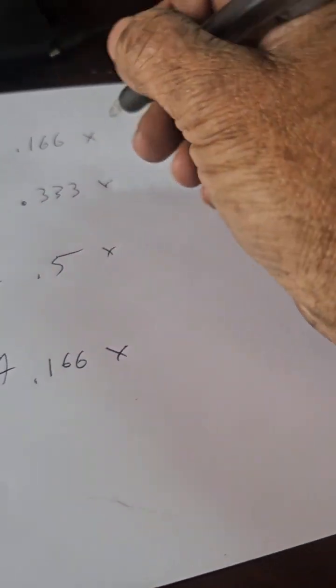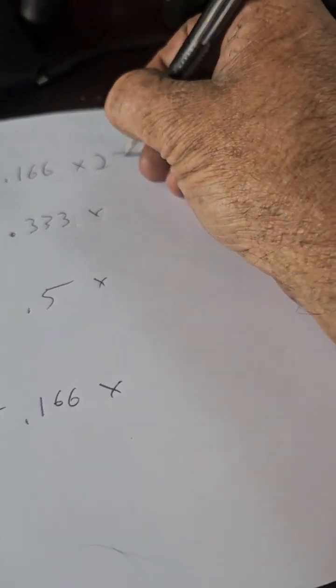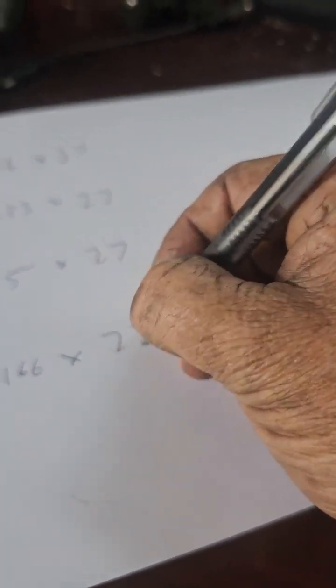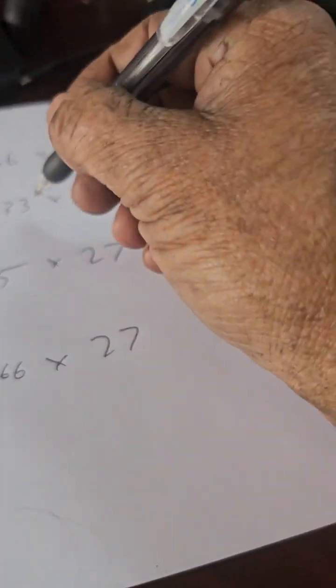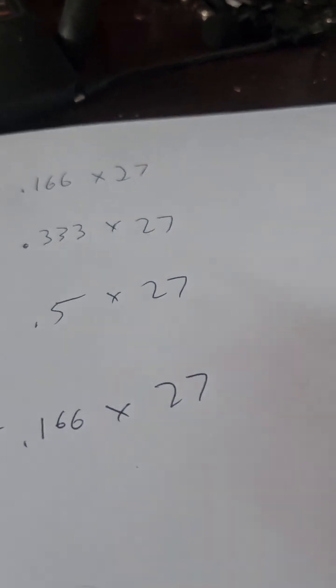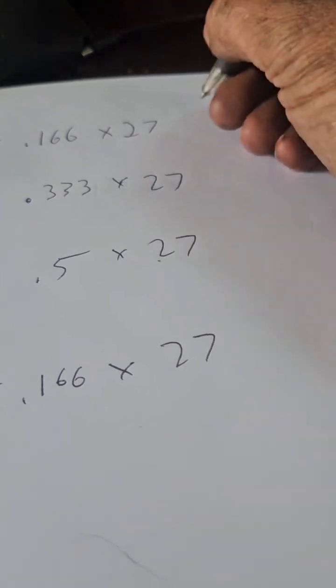Our cubic feet is 27. We multiply each of these numbers by 27 and round to the nearest tenth.